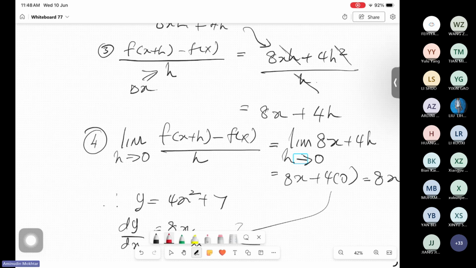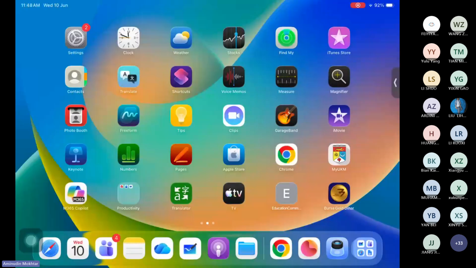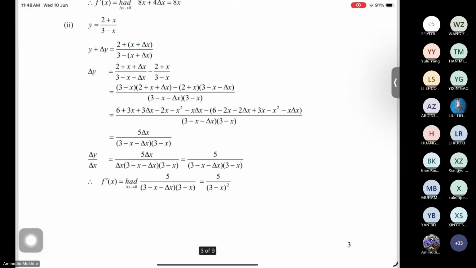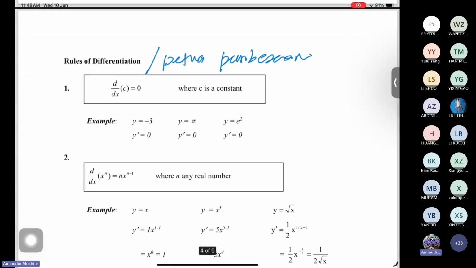Okay, thank you. The next one is about the rule of differentiation. Petua pembezaan. How to find the dy/dx by using this rule? There are a few rules here.